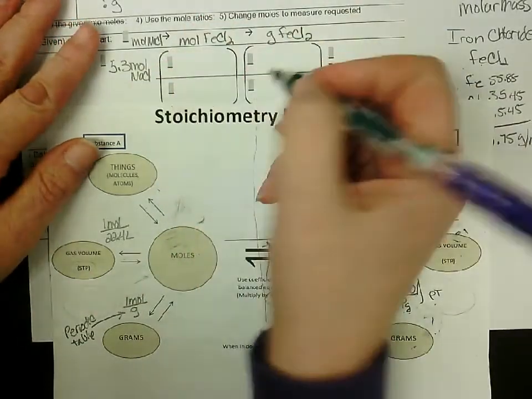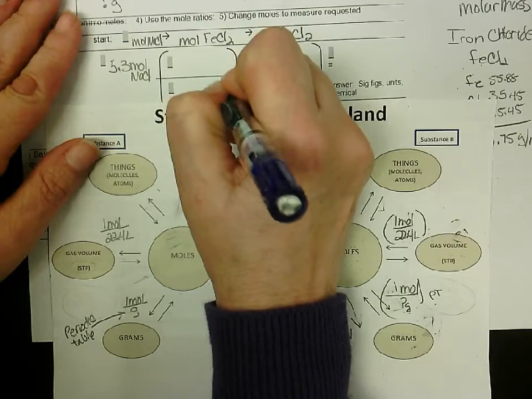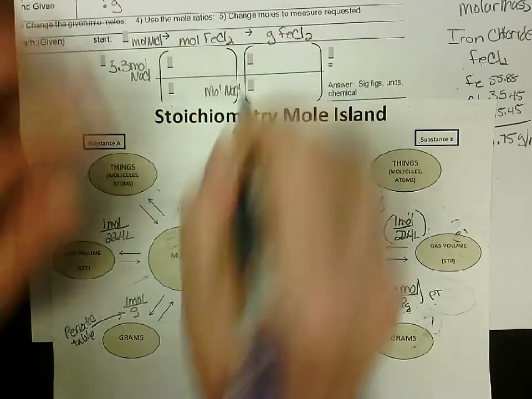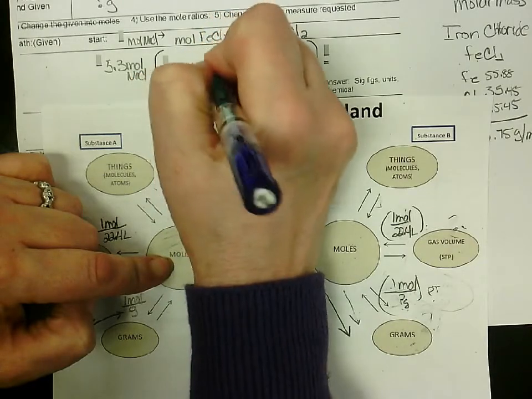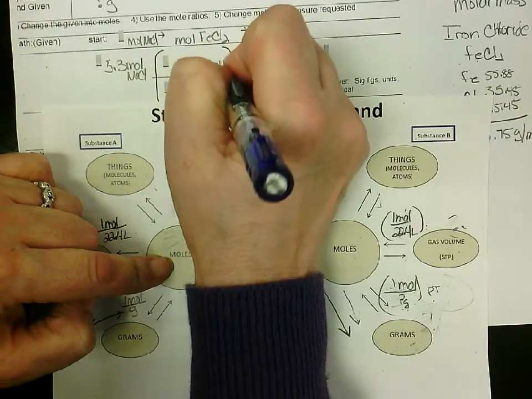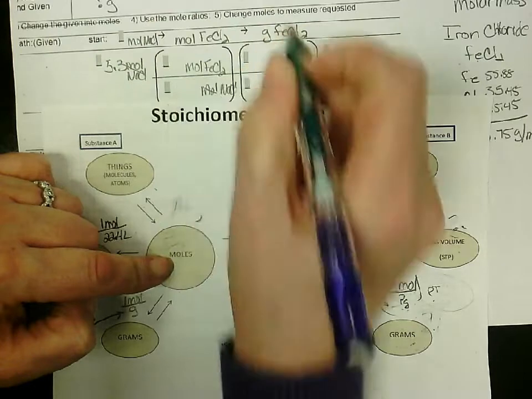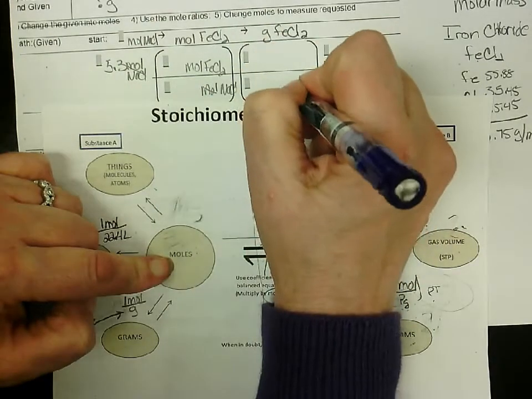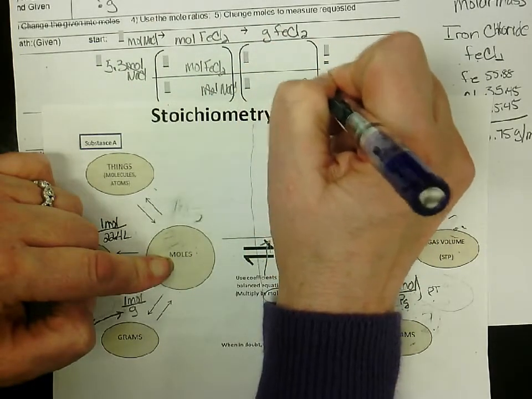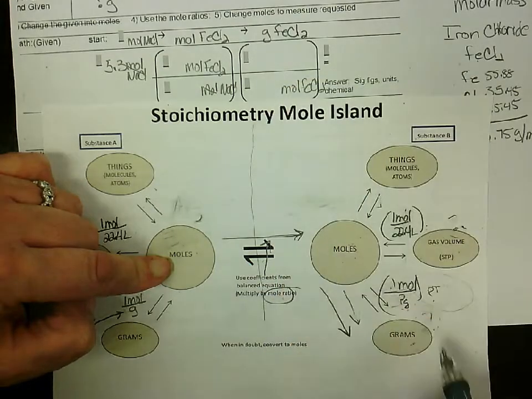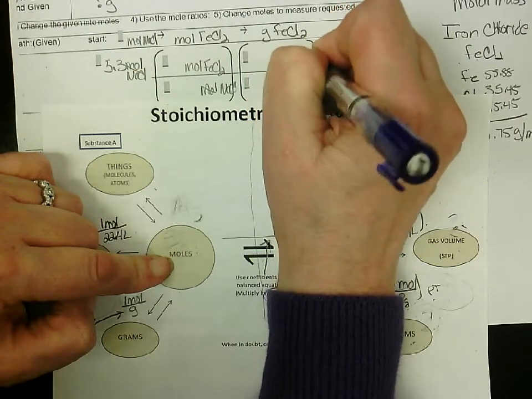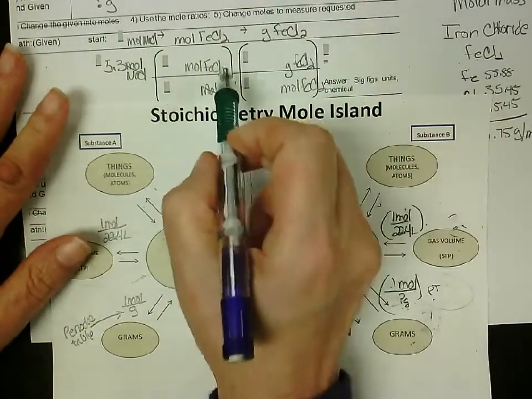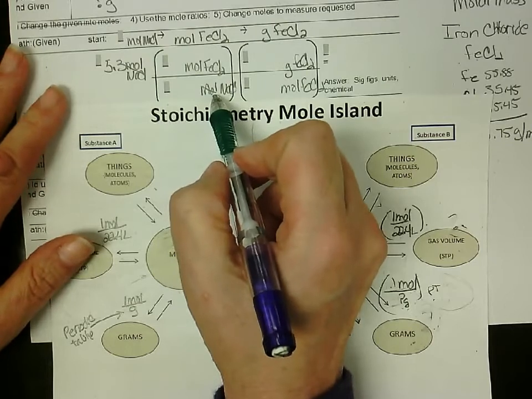So I want to get off moles of NaCl and go to moles of B, which is moles of FeCl2, iron chloride, and those cancel out. But I don't want to stay on moles of FeCl2. I put it on the bottom to get off that island. And I'm going to grams, because that's what they asked me for, grams of FeCl2.